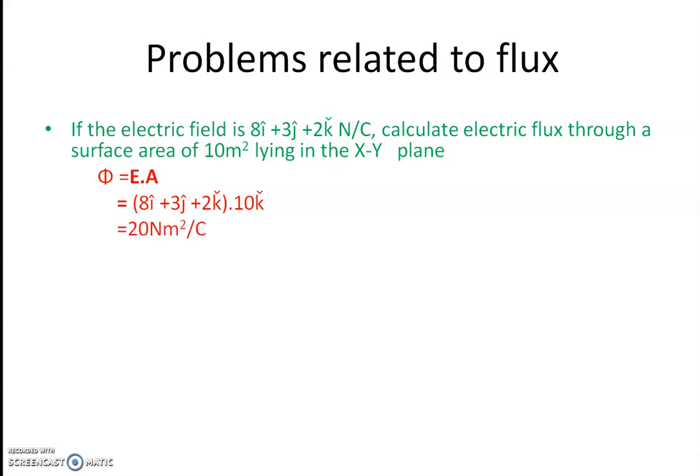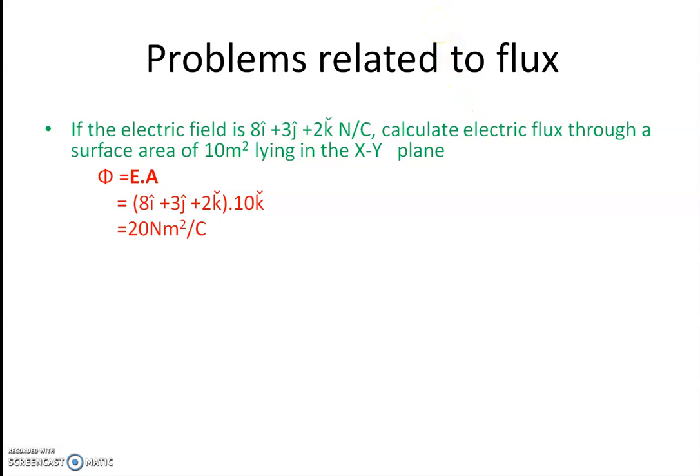Here no I vector is there in the area, so you will get only 2 into 10, which is 20. Because AI plus BJ plus CK dot DI plus EJ plus FK gives AX BX plus AY BY plus AZ BZ. So only the K components will be there. 2 into 10, you will get 20 Newton meter square per Coulomb.